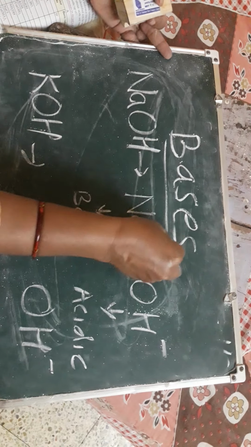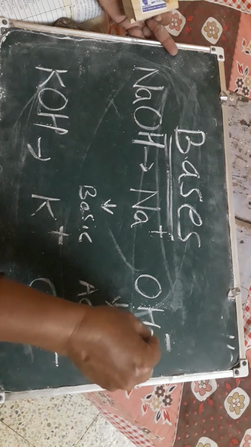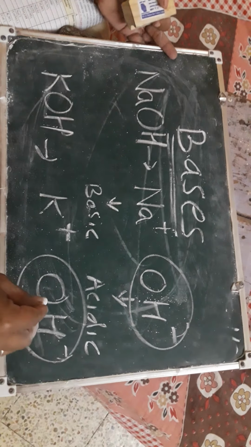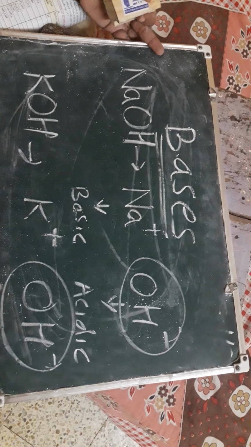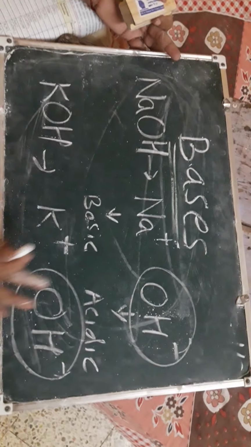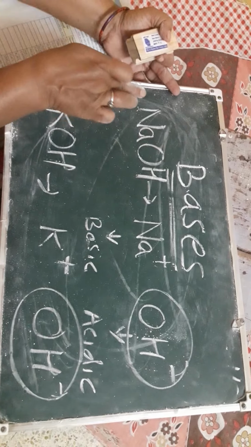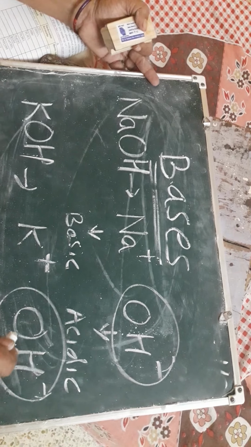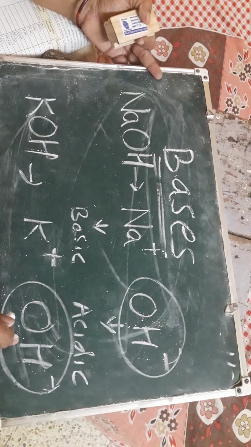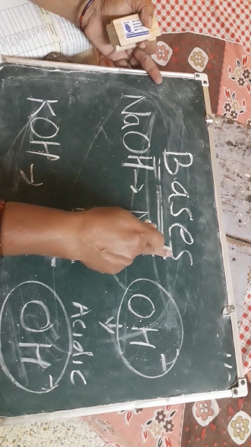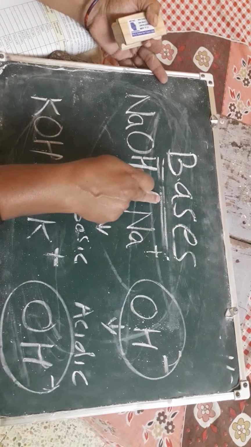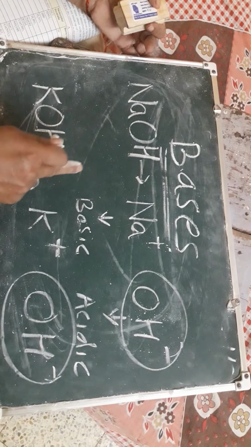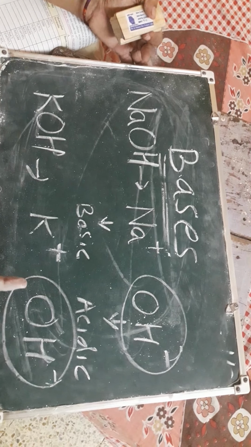So bases are the substances which contain OH minus as the acidic radical, so we call them bases. Bases change the color of red litmus from red to blue.